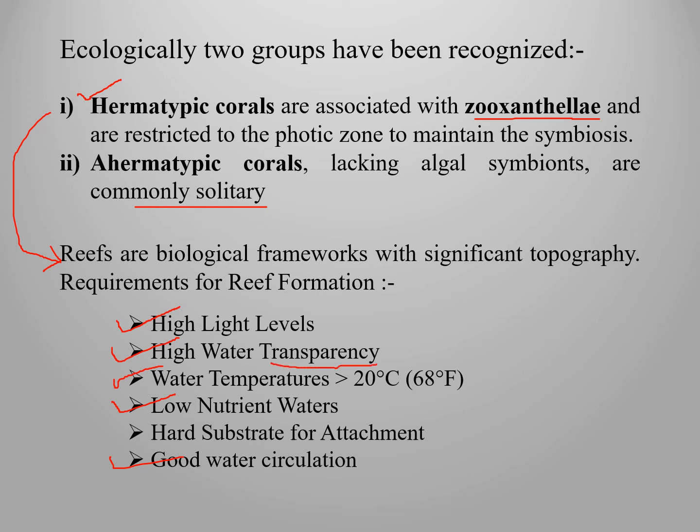It does not require turbid water. And there should be hard substrate within the marine condition, so that the corallites can remain attached to it, because in the polyp stage corals require some kind of hard substrate to attach by their corallites.